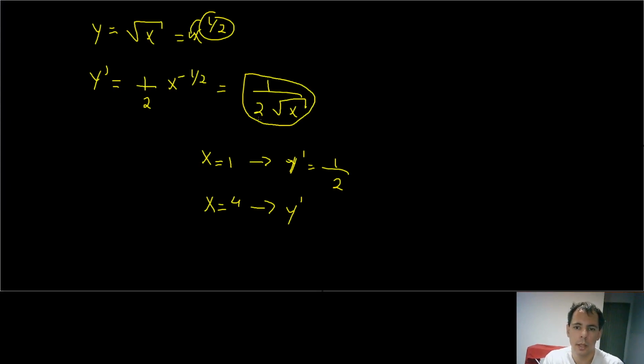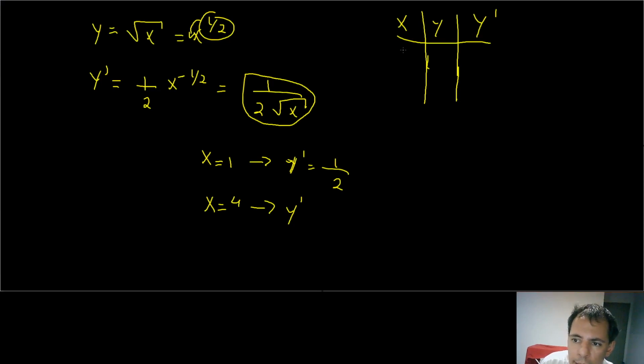Because when you have an x, a y, and the tangent value, the derivative is going to be the tangent value. So for x equals 1, the square root of 1 is 1, and the derivative is 1/2.